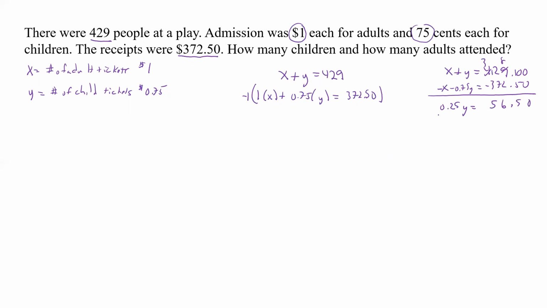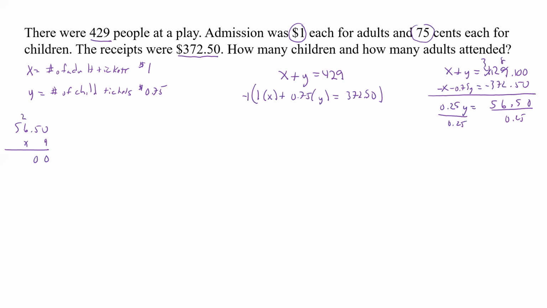Now I have to divide by 0.25. And if I divide by 0.25, what is that same thing as? Well, it's the same thing as multiplying by 4. So I can take 56.50 times 4. 5 times 4 is 20.